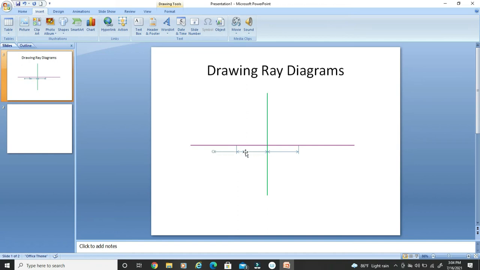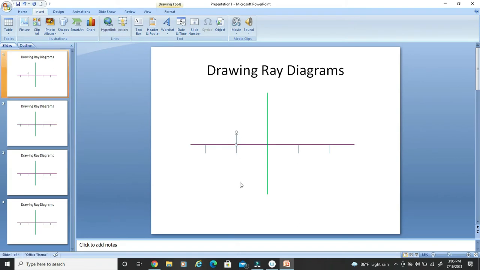Using the same arrow, so twice the length of the arrow, I'm about to now place a point that's going to represent twice the focal length. The arrow that was just placed on the focal point is going to be called the object.